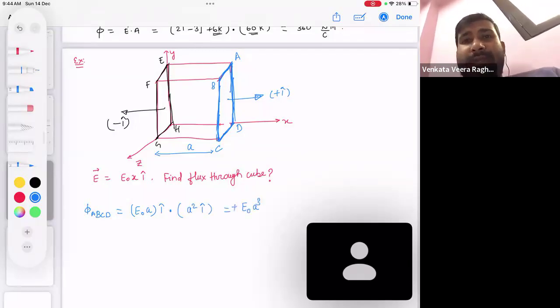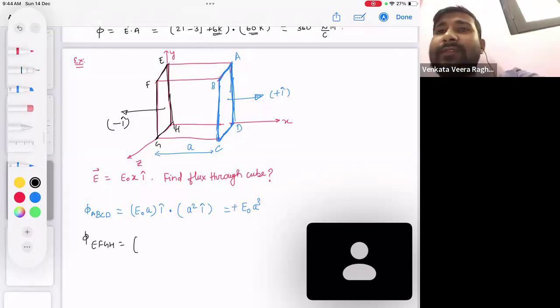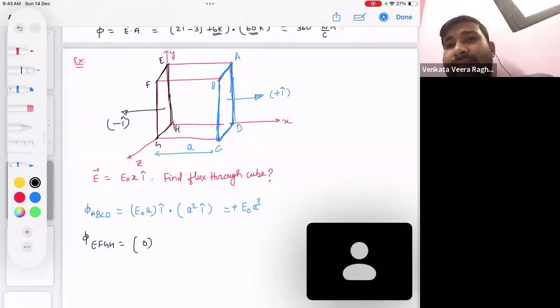That is coming positive. And if you write the flux through EFGH, what is the electric field there? Is the electric field at EFGH itself 0?